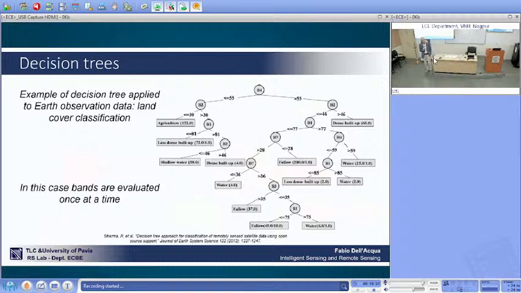So when you have vegetation, you expect a weak response in band red, which in this case is band 4. Okay. So we find vegetation on this branch of the tree and not on this branch of the tree, because that's what you expect from vegetation.